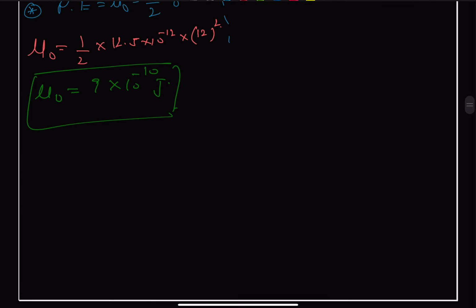So here we are going to find our charge, Q is equal to C naught times V, and we have C naught as 12.5 into 10 to the power minus 12. Voltage is given to us as 12. So we get our charge Q is equal to 150 into 10 to the power minus 12 coulombs.